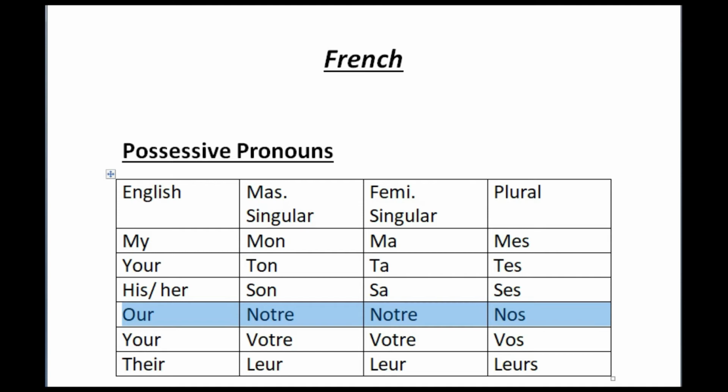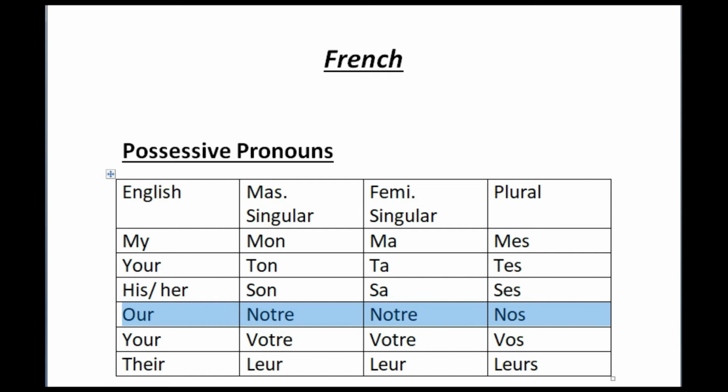Our in plural would be nos, N-O-S, nos. Now in our, your, their, the masculine singulars and feminine singulars would be the same. So our feminine or masculine singular, notre, N-O-T-R-E. And plural, nos, N-O-S.